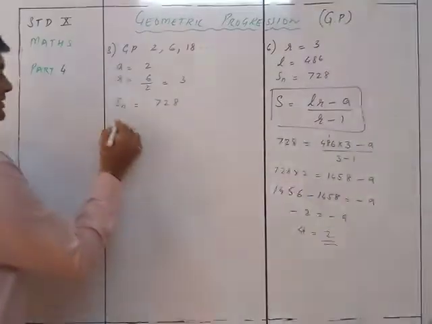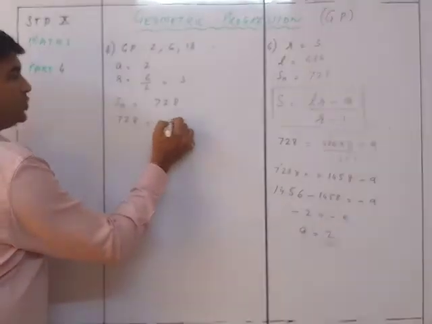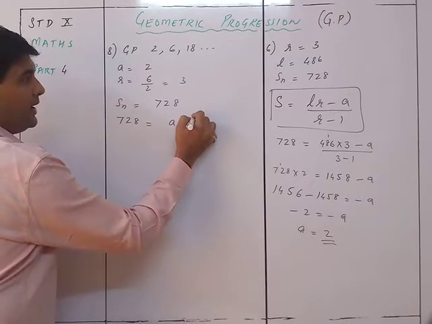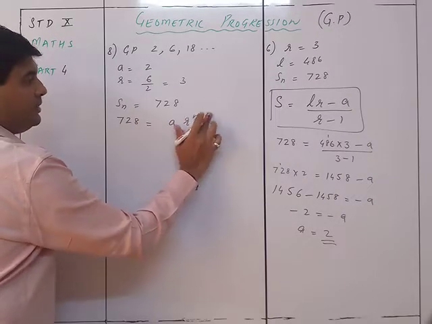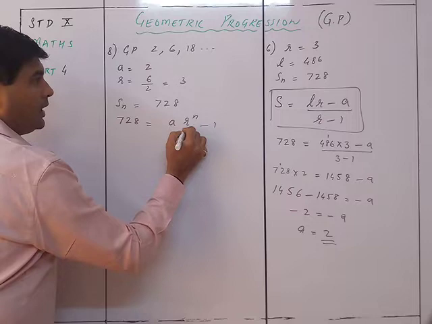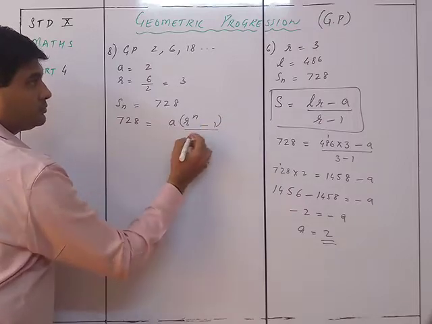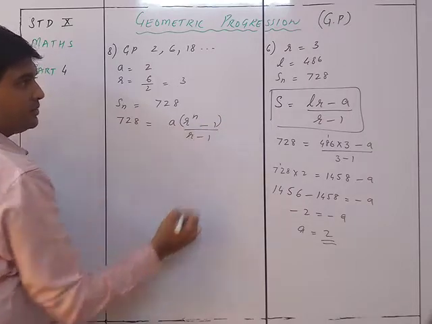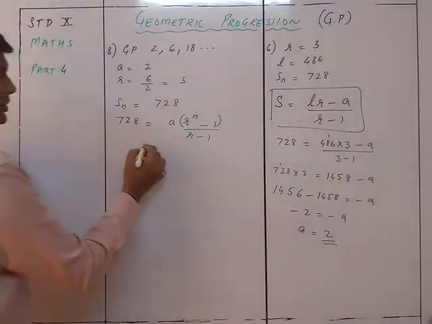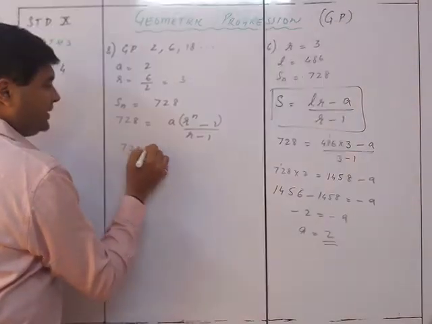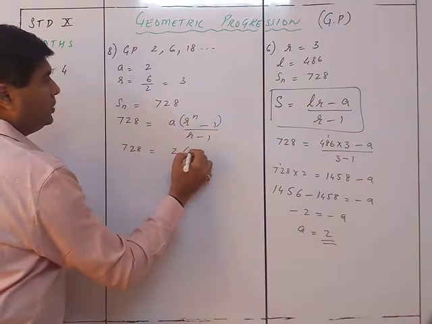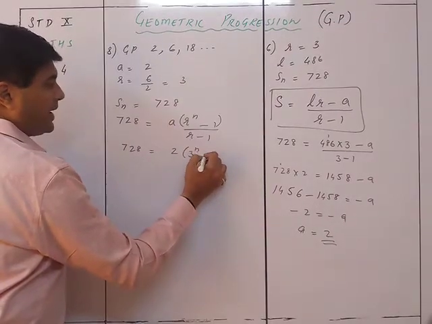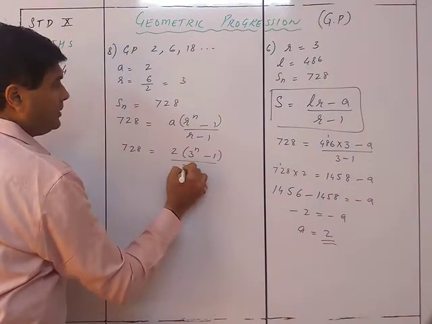So 728 is equal to a (r raised to n minus 1) upon (r minus 1), okay, because r is greater than 1. So you get 728 is equal to 2 into (3 raised to n minus 1) upon (3 minus 1).